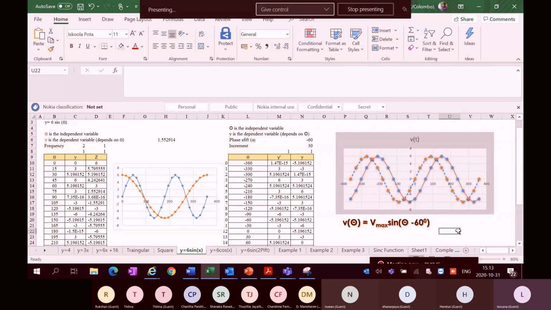Maybe your phase angle will be a plus phase angle. That means your signal advances against the original signal, against the signal that doesn't have a phase angle. I hope you got what this phase angle means, even though I didn't indicate that in my slide. Now you see what it means.